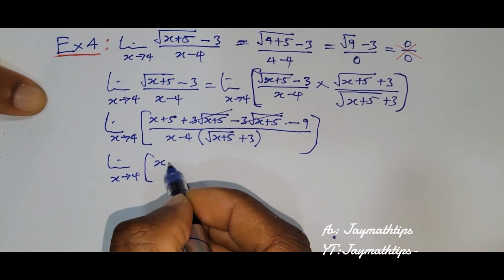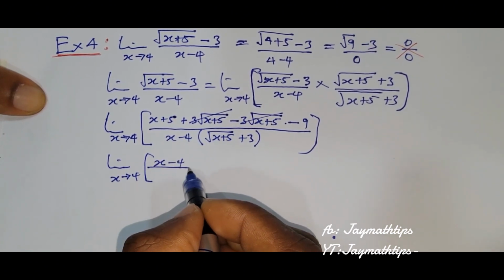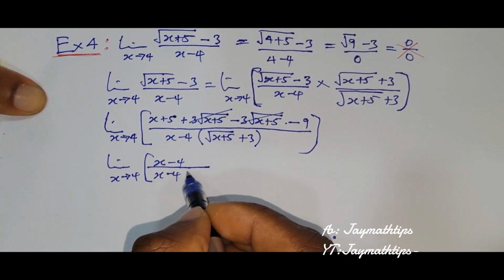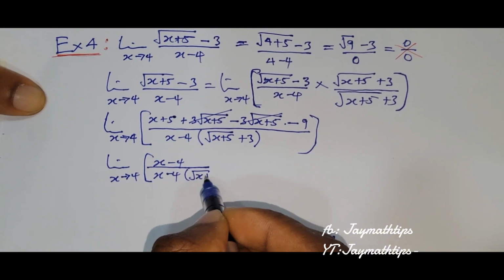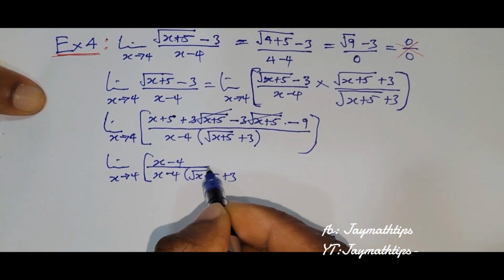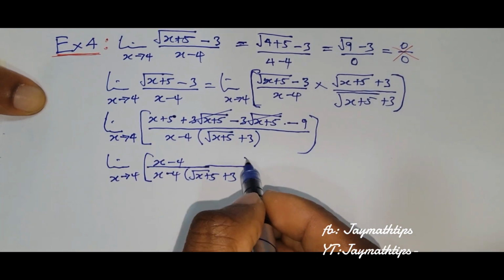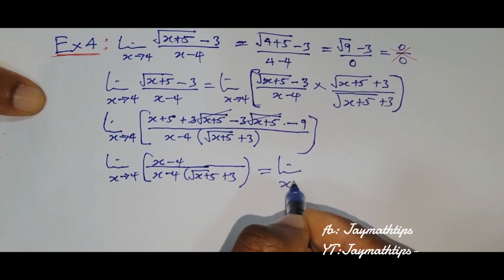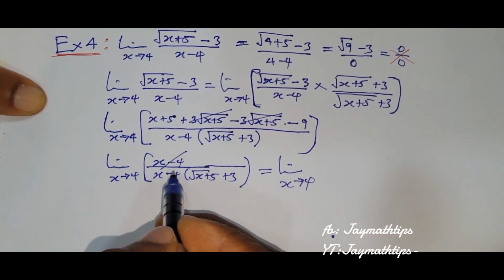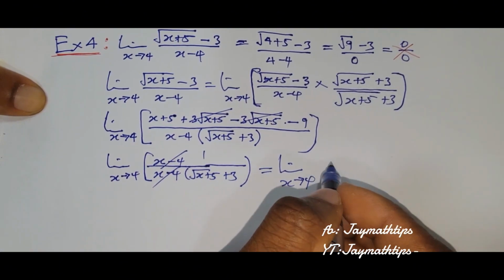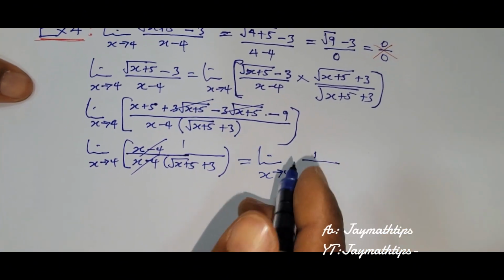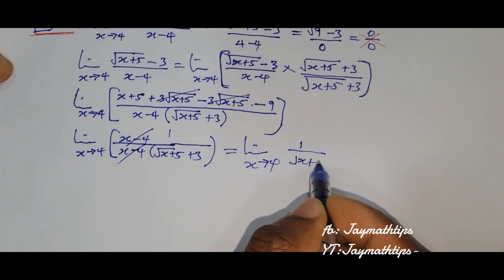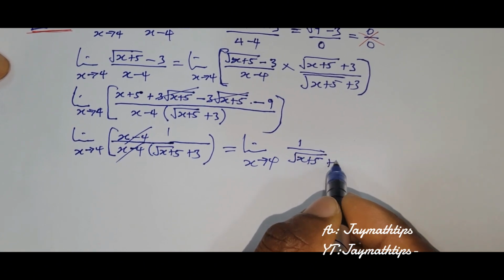So we have here x minus 4 divided by, you still maintain this, x minus 4, into the square root of x plus 5 plus 3. You close the bracket, and this will give us the limit as x approaches 4. This will cancel out. You have 1 here, so you have 1 divided by the square root of x plus 5 plus 3.